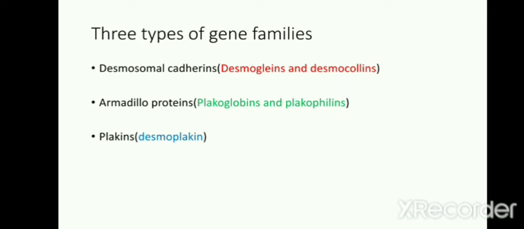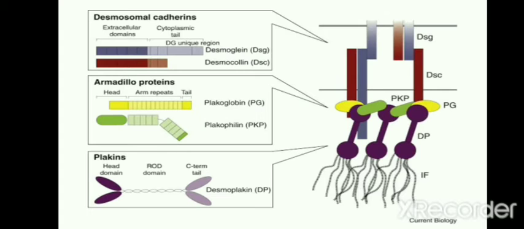Desmogleins and desmocollins are the two types of desmosomal cadherins. This is the brief structure of desmosomal cadherins.